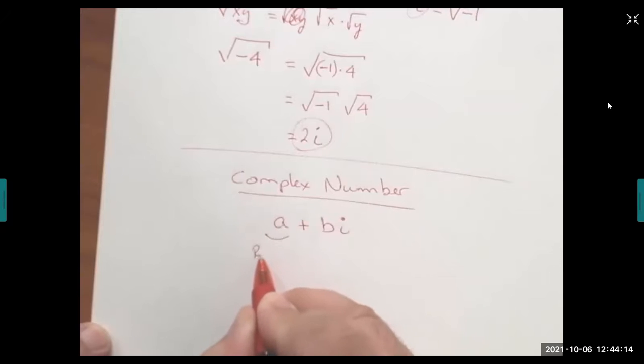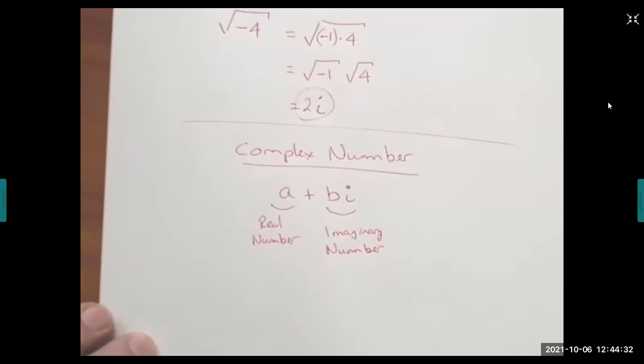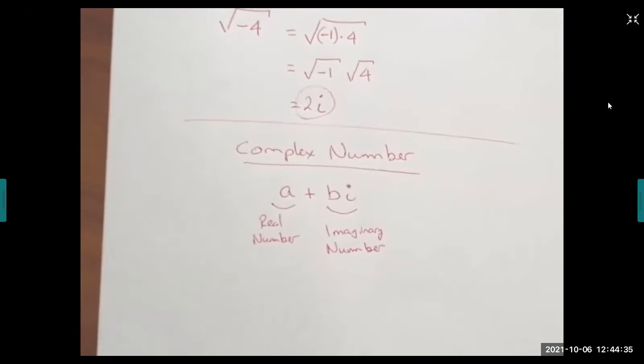It's made up of a real number, a, and an imaginary number, bi. That's the reason it's called complex.